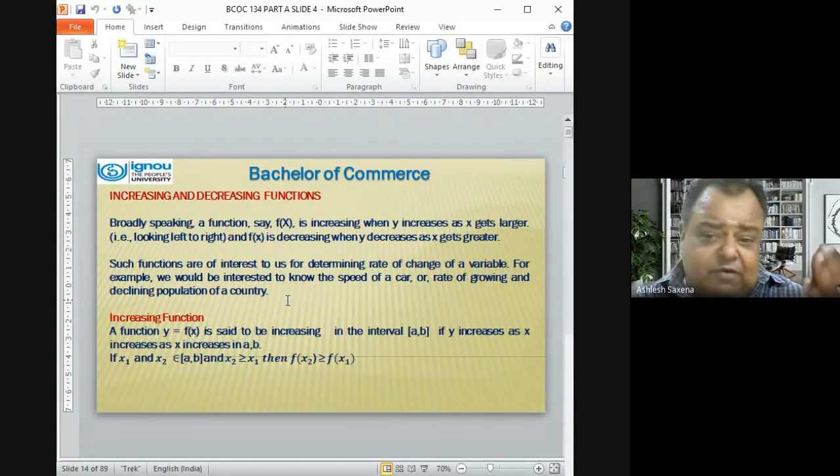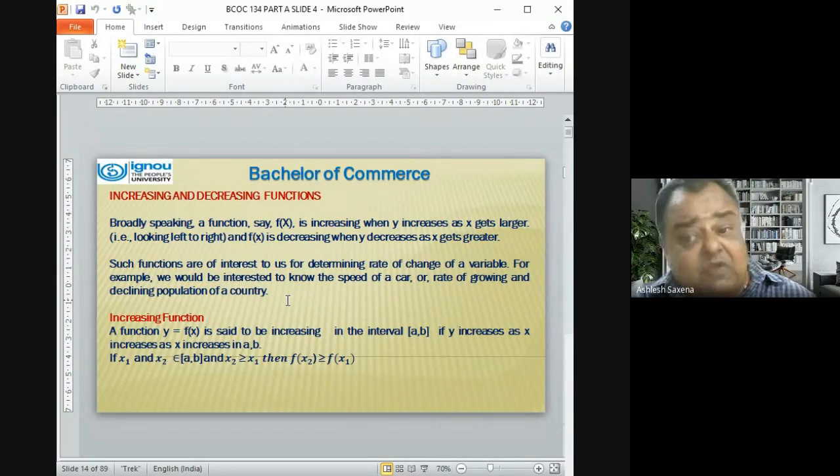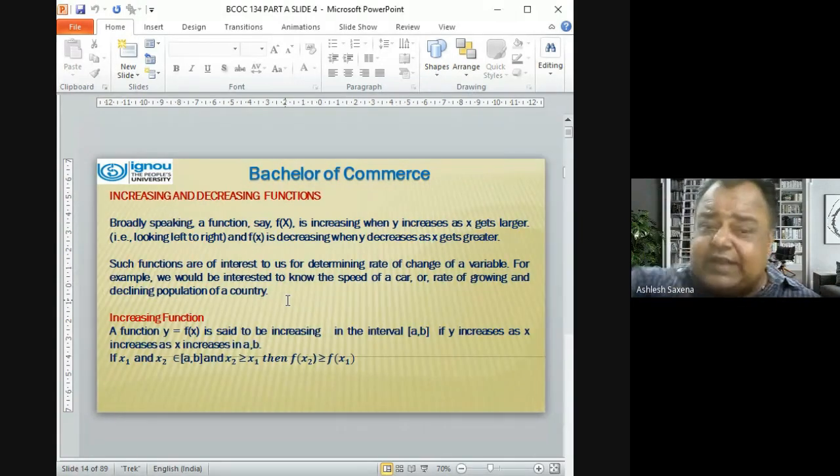For example, we would be interested to know the speed of a car or the rate of growing and declining population of the country. That means by finding the derivative, we can interpret whether the speed is increasing or the population is coming down. We will see how it works.